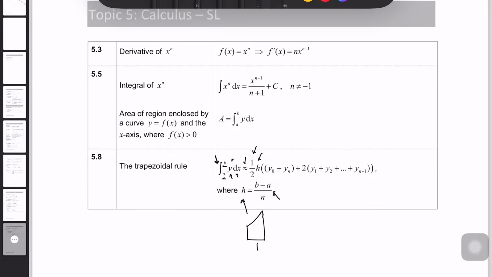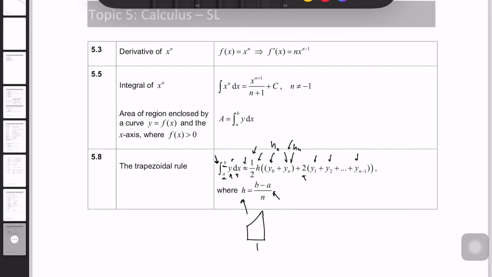And then this is y0, yn. This is the height at that first location, so you can think of it as almost h0. And this is the height at the last location, this yn. That would be the height at the very end. And then we have 2 times all of the intermediate heights.